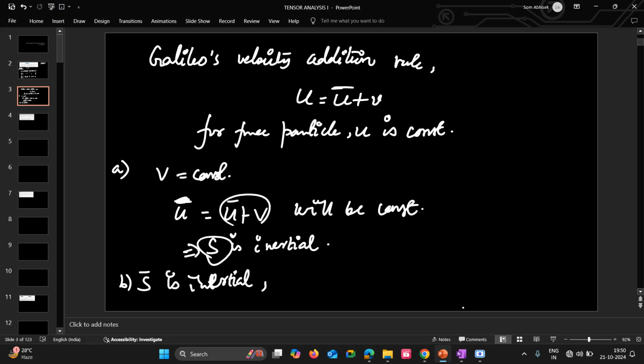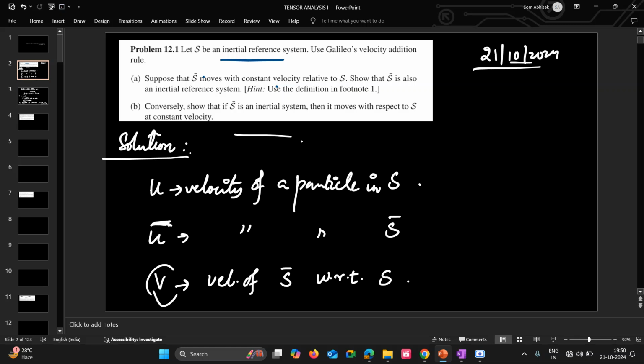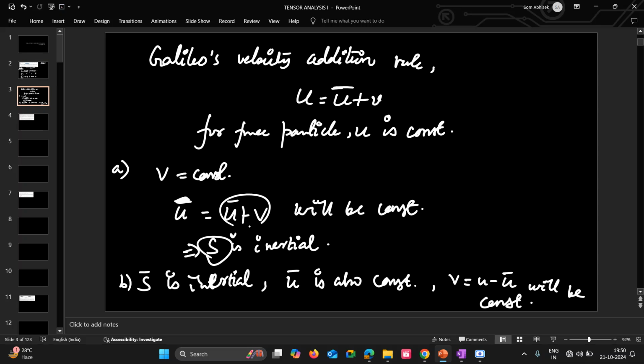If S bar is inertial, then u bar is also constant. So v will be u minus u bar, which is constant, which is the question, right? It moves with constant velocity with respect to S. All right, I hope you understood this one.